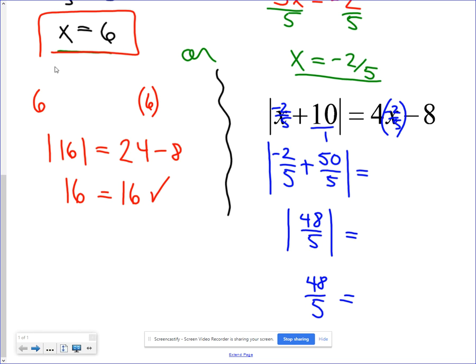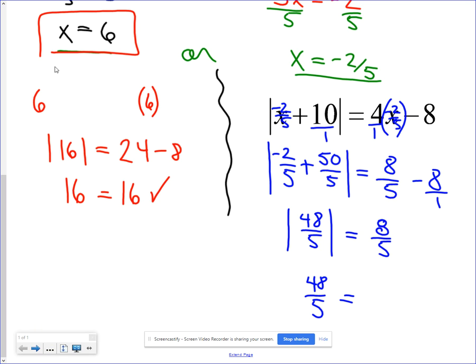Now let's simplify the right side. So let's put this 4 over 1. 4 times 2 is 8. 1 times 5 is 5. So we've got 8 fifths minus 8. Let's turn this into a fraction by putting it over 1, and now we've got to find a common denominator. My common denominator is going to be 5.